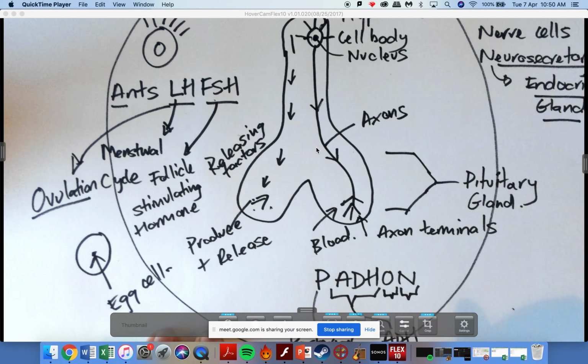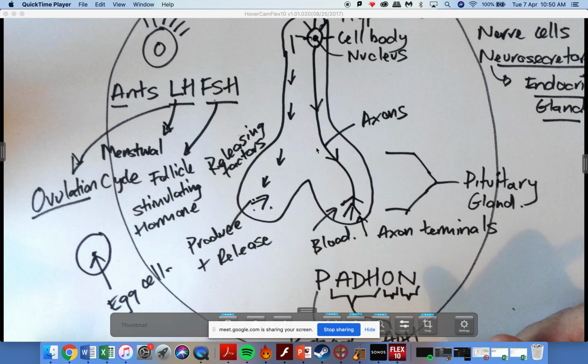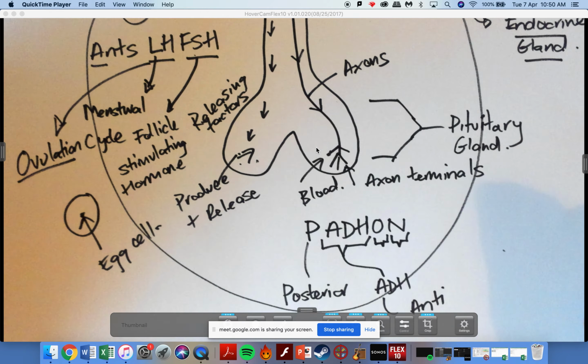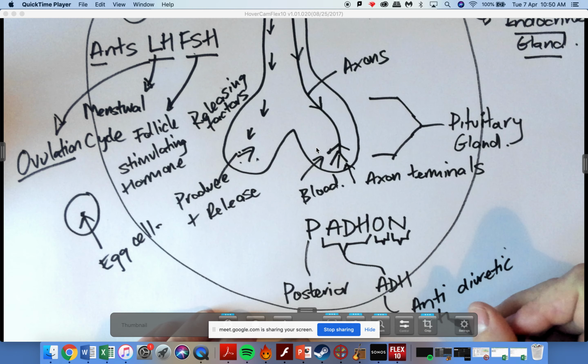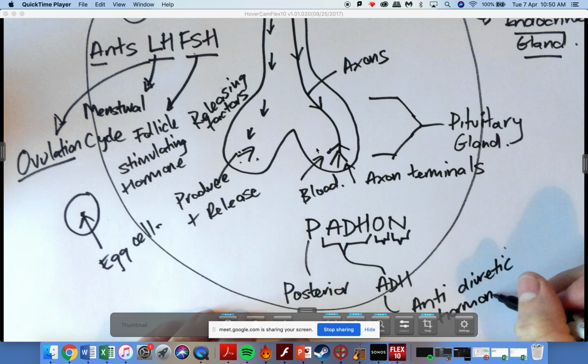ADH is antidiuretic hormone. So antidiuretic hormone. It's basically anti-P hormone.